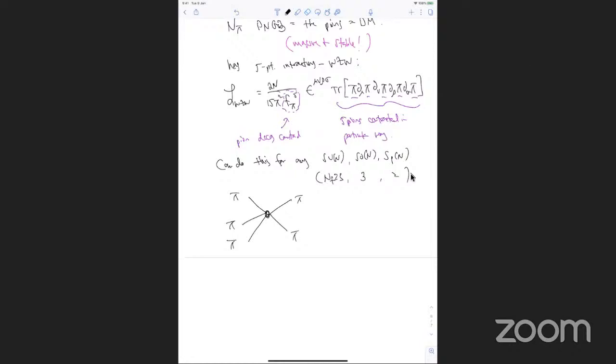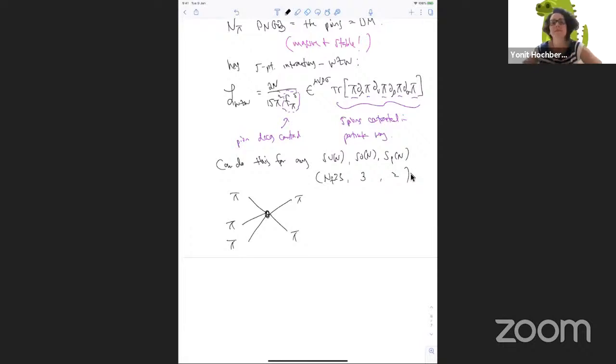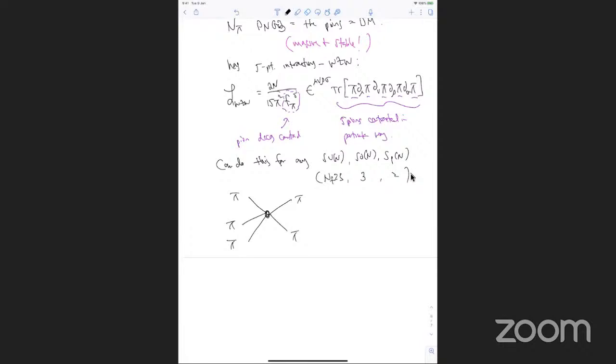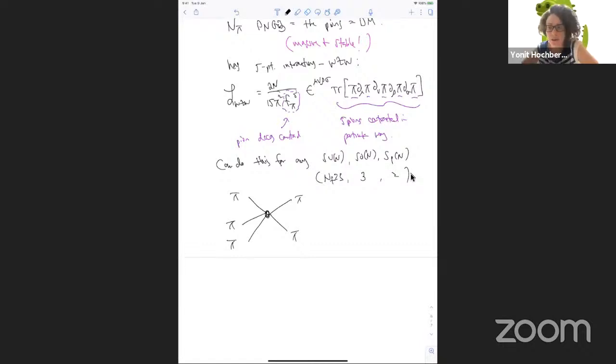And so we can, yes? Sorry, there's a question. SO3 is isomorphic to SU2. So is it sufficient to have SO3 to have all these effects, or should it be larger than 3? No, I think you can have also 3.